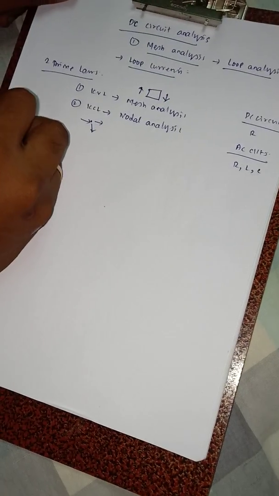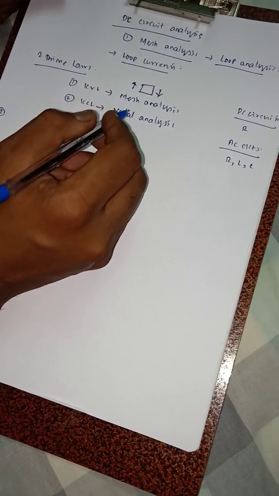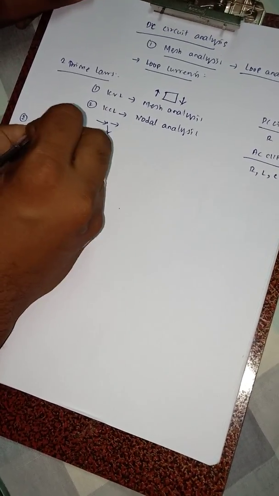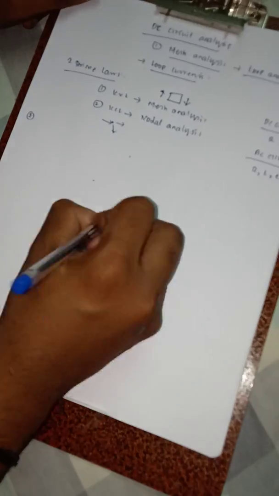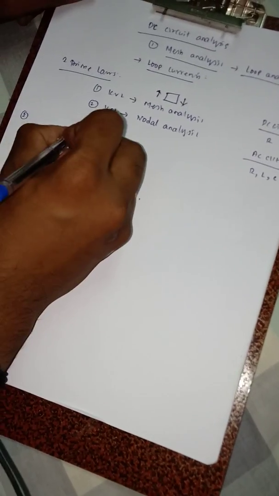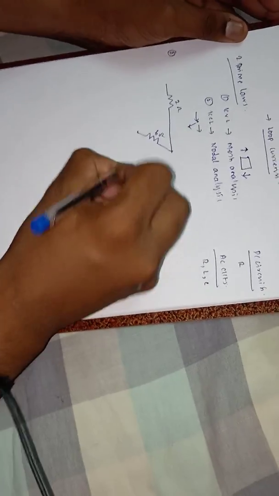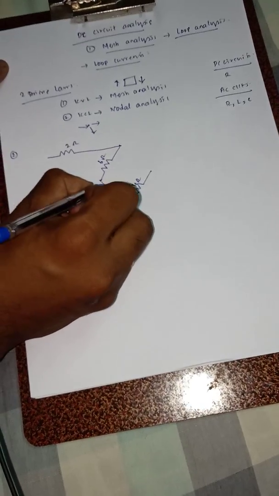So let me go through it thoroughly by taking up a problem to know better about the mesh analysis. So consider a bridge circuit. The bridge circuit will be having this resistance called your 2 ohms, and there is another resistance which is called your 6 ohms, and this resistance is your 4 ohms, and there is also another resistance here.